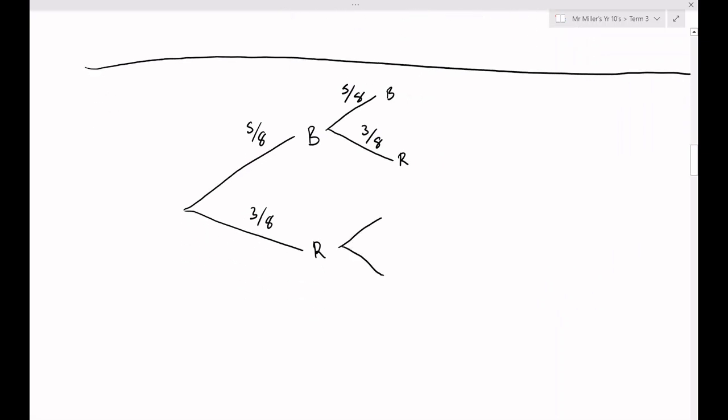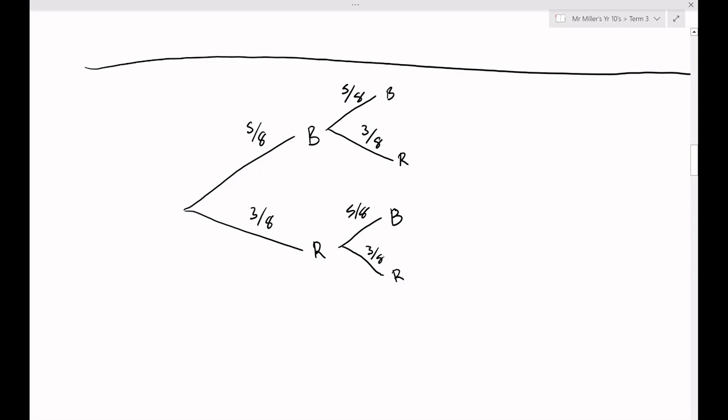If I pick a red in the first round, then I put it back to pick a blue, I would have a 5 in 8 chance still. And for a red, I would have a 3 in 8 chance because I pick out that red and then I put it back.